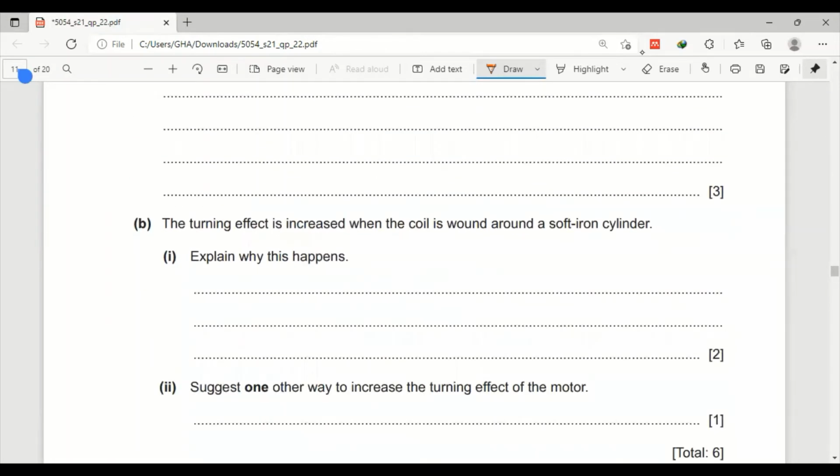Next, the turning effect is increased when the coil is wound around the soft iron core. Explain why this happens. Actually, the soft iron increases the strength of the magnet. So this soft iron increases the strength of magnetism.